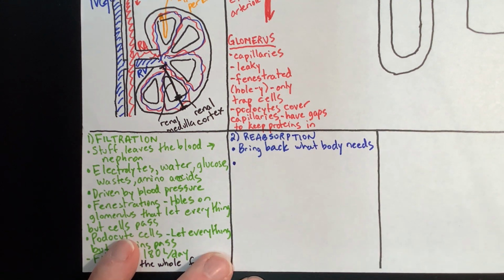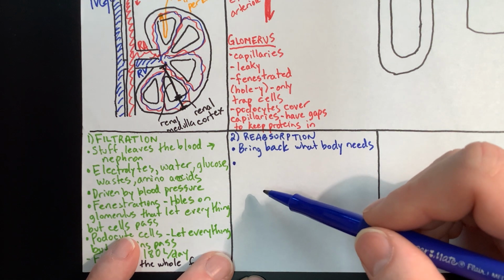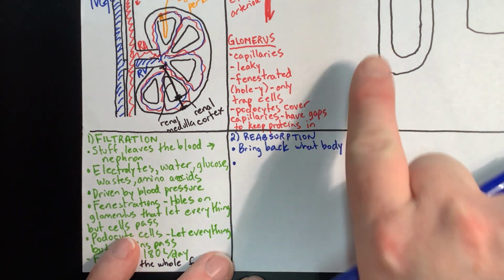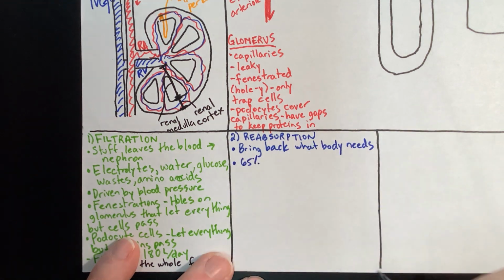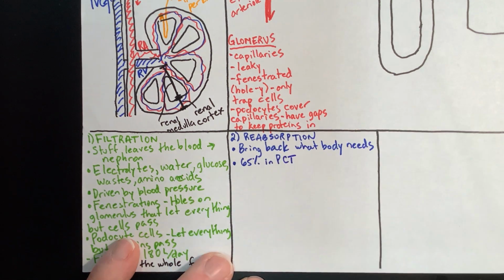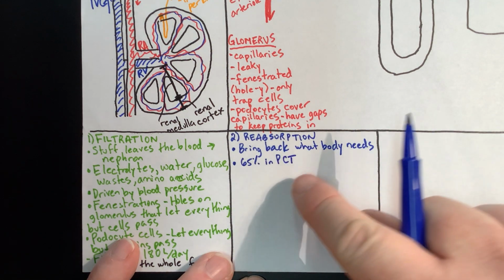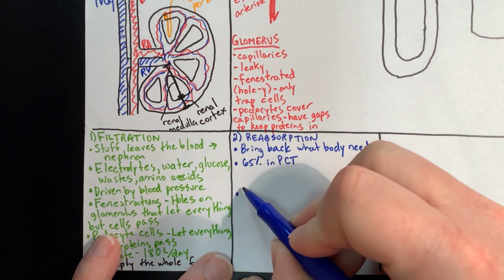Now, this is going to happen in a couple of places of the nephron. So let's set that up down here, and then we're going to go back up here and label these parts of the nephron. So about 65% of reabsorption happens in a spot called the proximal convoluted tubule. We'll label that up in just a second. I'm going to leave a little bit of space.